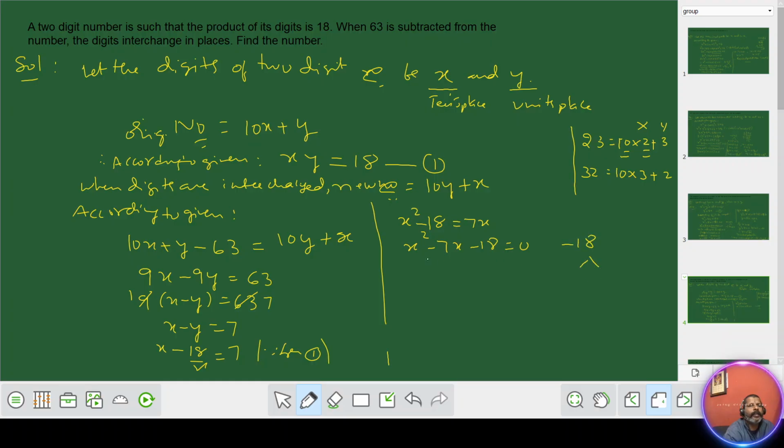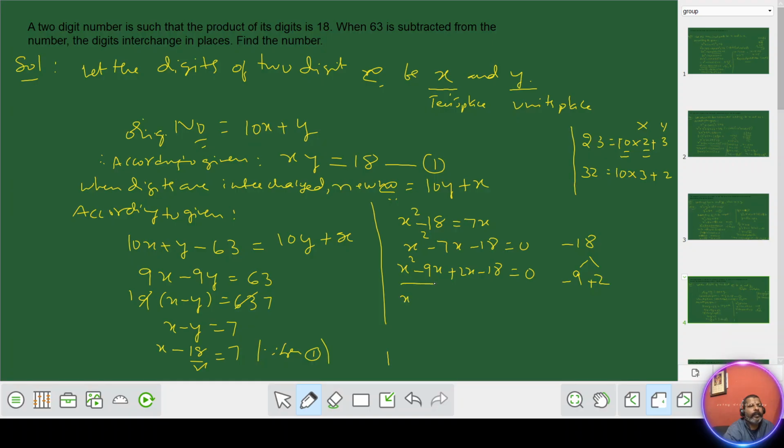For minus 18: 1 into 18, 6 threes are 18 but will not add up to 7, 9 twos are 18, yes, they add up to 7. So properly understand the integers here for placing the signs, otherwise it will be a difficult part in solving the quadratic equation. Now you substitute: x square minus 9x plus 2x minus 18 is 0.